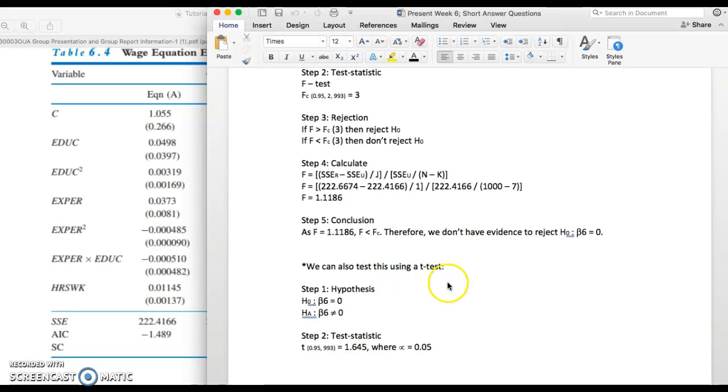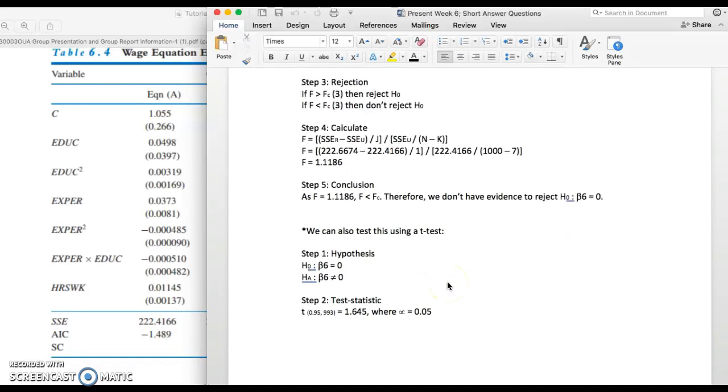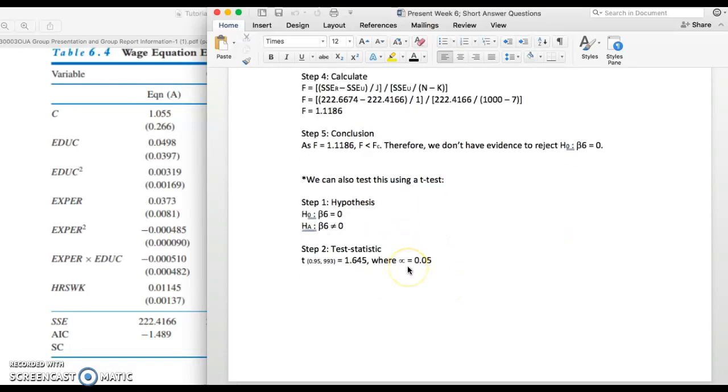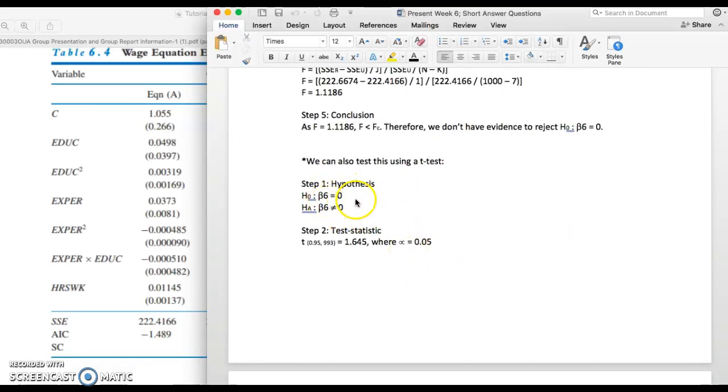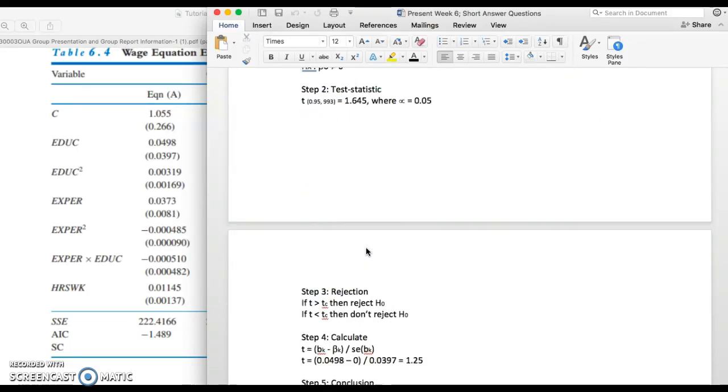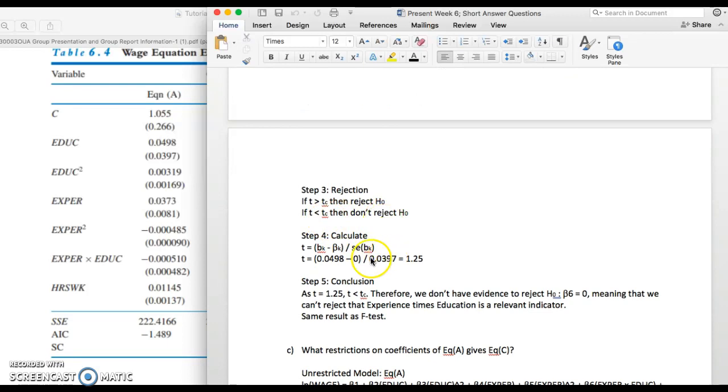We can also get this same result using a t-test, and that runs through very similar as above using the t-test instead. So we get a t-critical of 1.645. We run through again rejection regions.